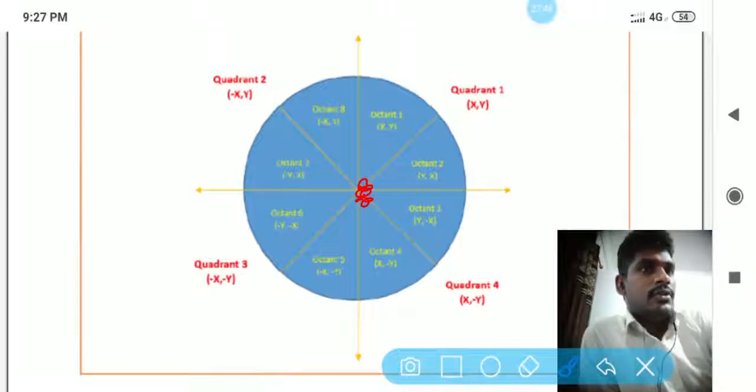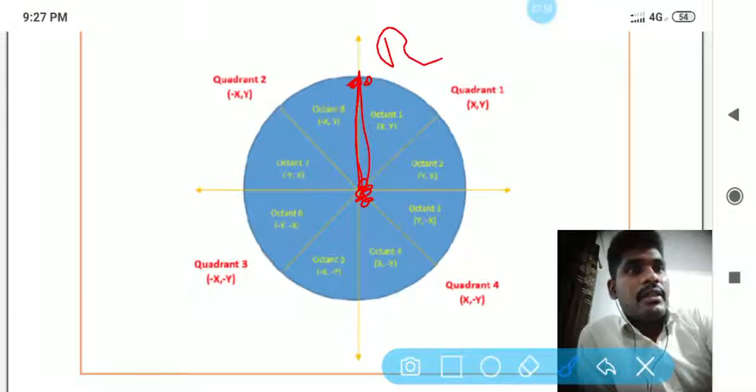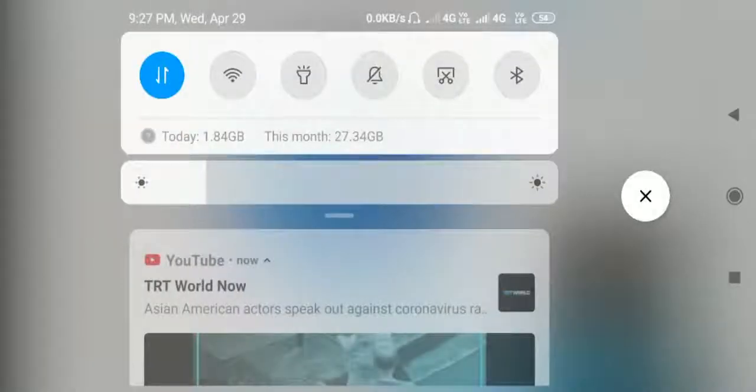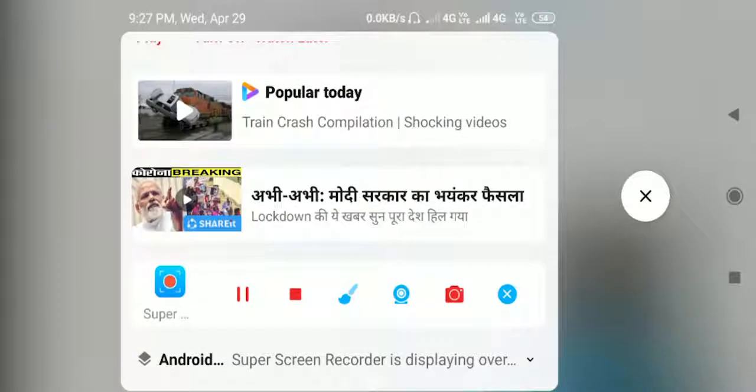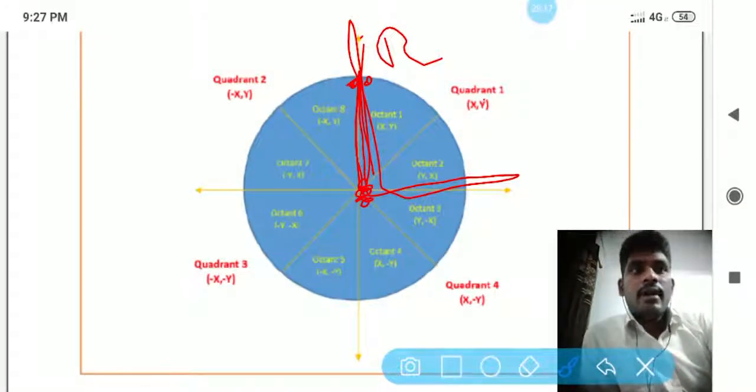What is the x value here? 0. And what is this? The radius, r. This r is now y, the vertical. The x is horizontal and this is vertical. This is the y value.